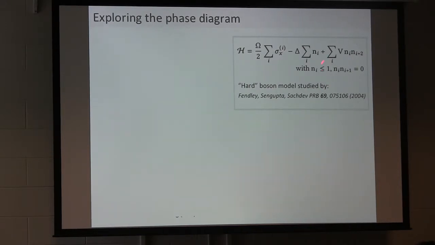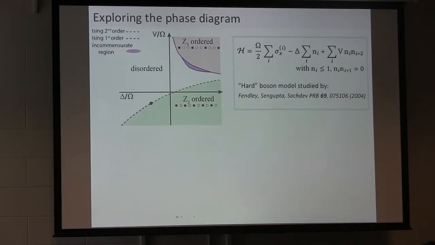They consider only next nearest neighbor interactions here. With this Hamiltonian, they computed this phase diagram where you change the next nearest neighbor interactions on the y-axis and the detuning on the x-axis.